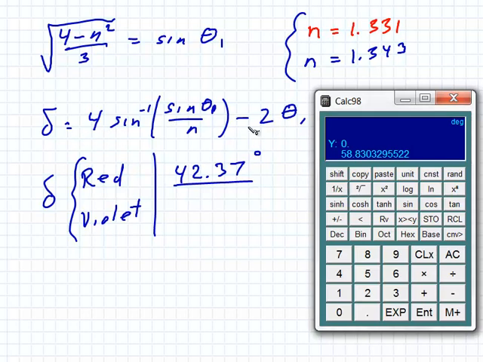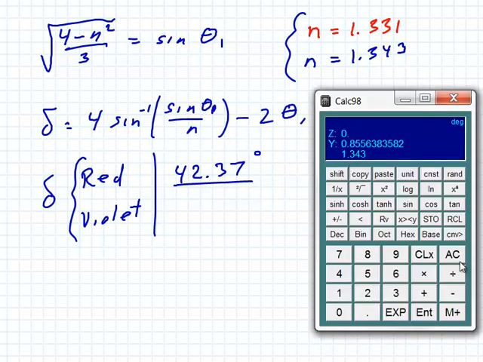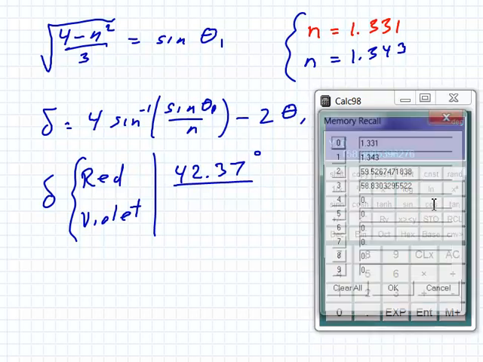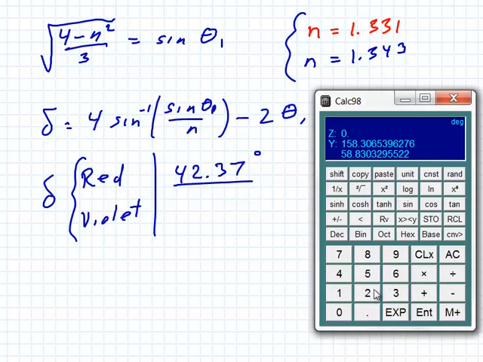Now I plug that into the delta equation. So take this same angle, take its sine, divide it by n, so recall the violet version of n, and divide, and then take the inverse sine, times 4, and then recall theta 1, times 2, and then subtract this from the other term.